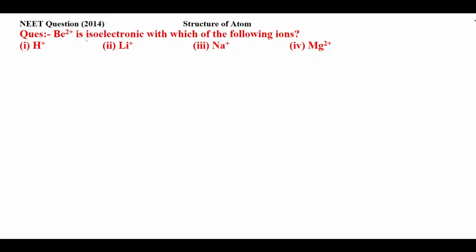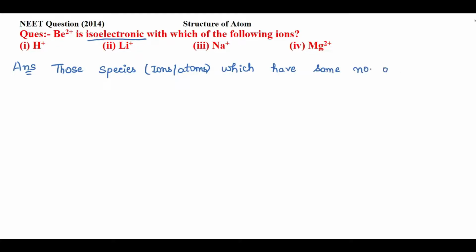First of all, we should know what is isoelectronic species, right? For this, we will write the definition: those species, it may be ions or atoms, which have the same number of electrons are called isoelectronic species, right?